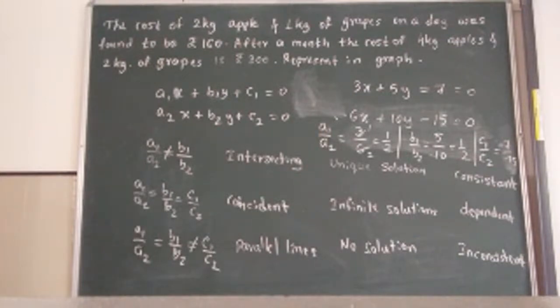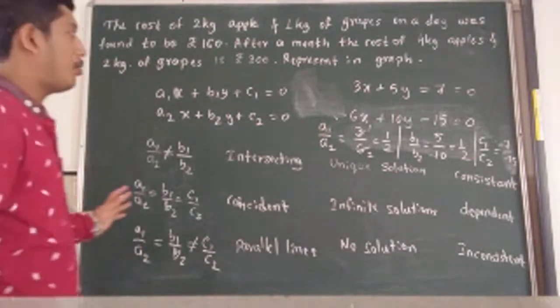When the lines are intersecting they are consistent, when the lines are coincident, that means overlapping each other, they are dependent, and when the lines are parallel to each other they are inconsistent. So this is the tabulation.